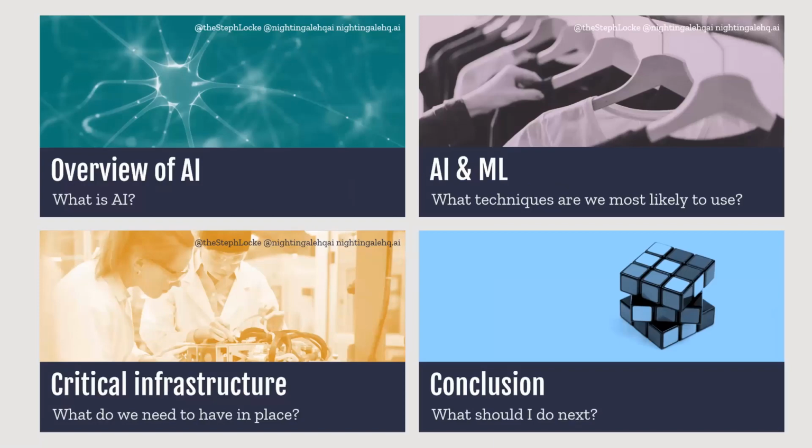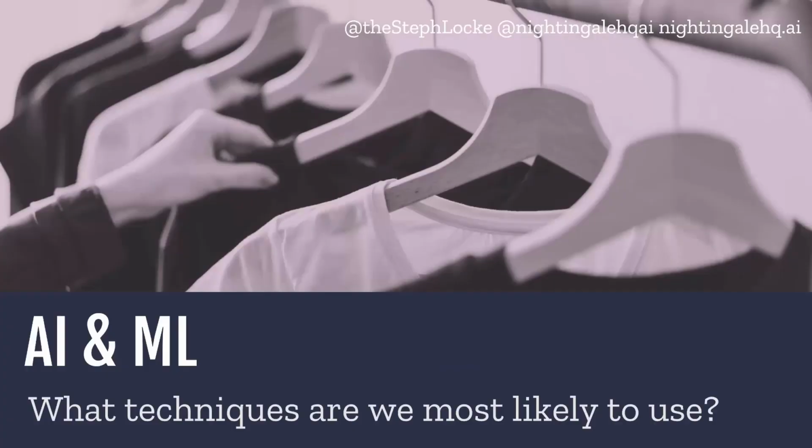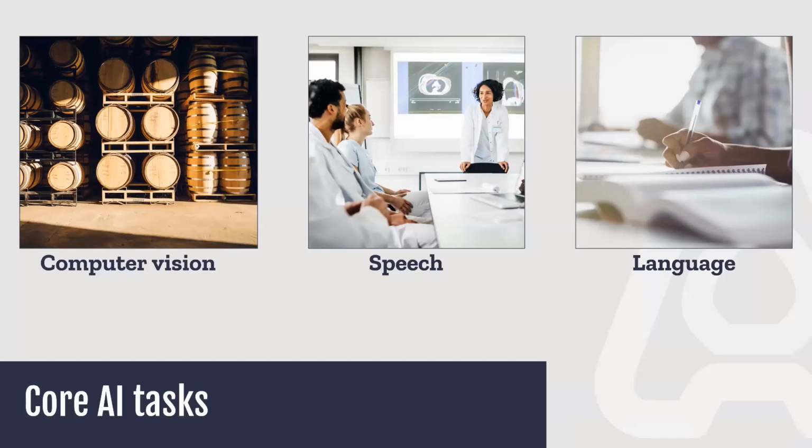So getting down to brass tacks, what is AI and machine learning in terms of techniques that underpin lots of the different solutions and use cases that we could be doing? First of all, the core AI tasks that we were discussing earlier include computer vision, speech, and language.